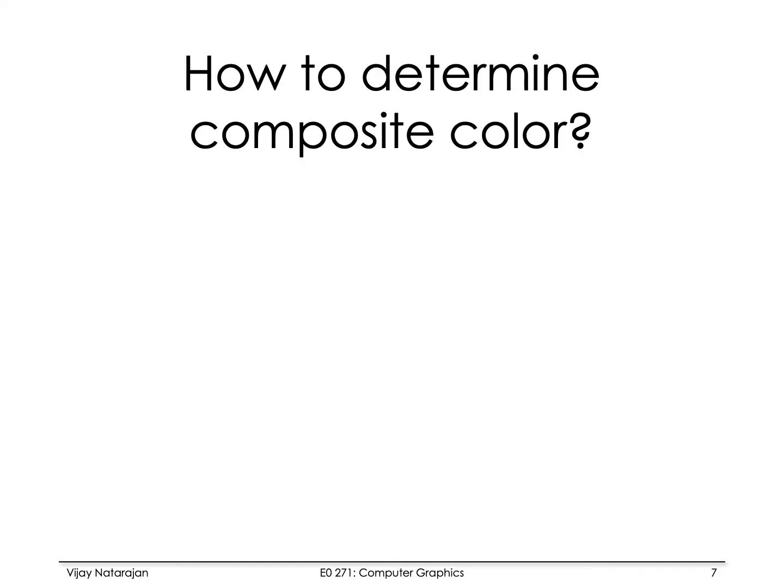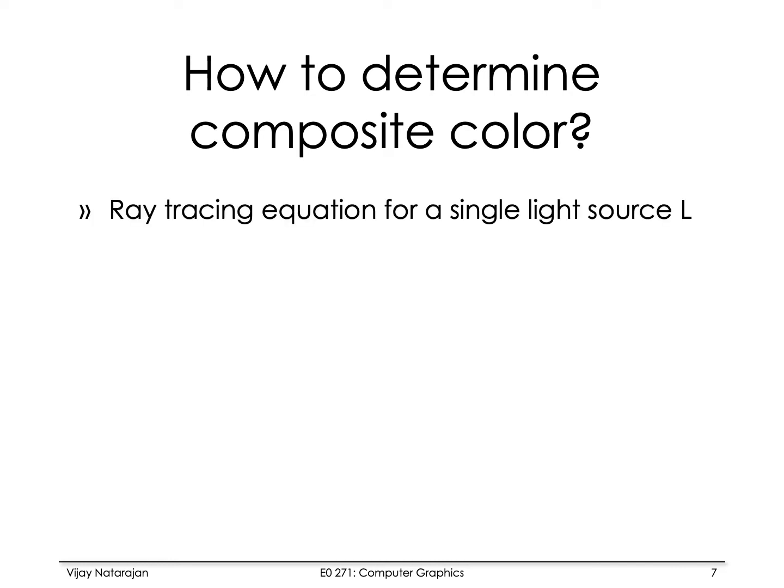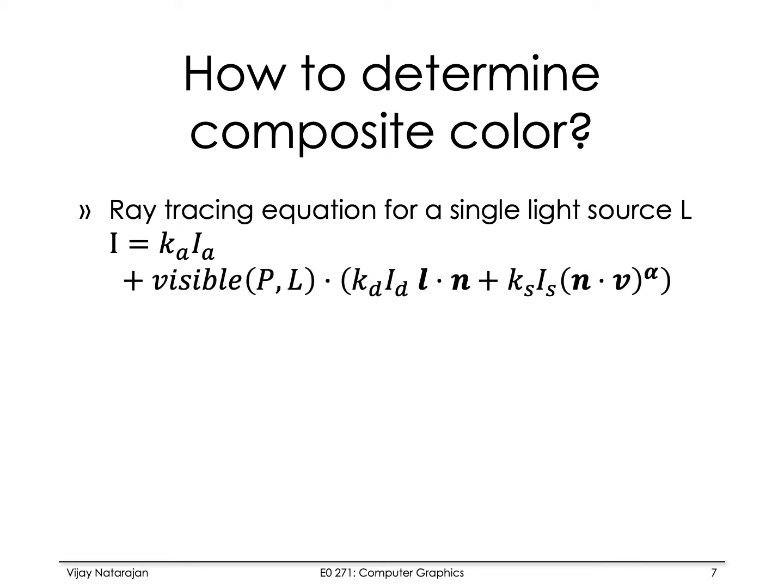So how do we compute this composite color? The ray tracing equation for a single light source looks very similar to our Phong model. So the intensity I has an ambient component. It has a diffuse and specular component, which is suitably multiplied by the visibility between the point P, the point of intersection, and the light source.